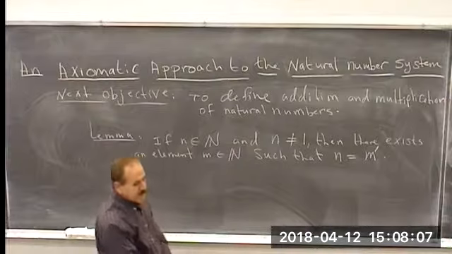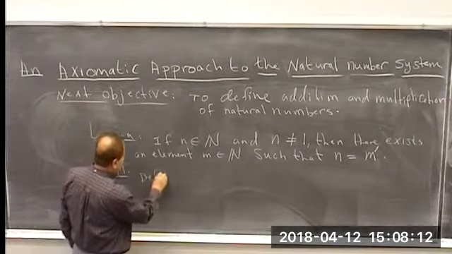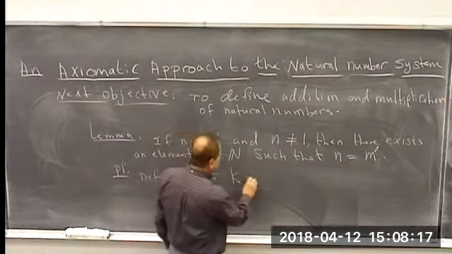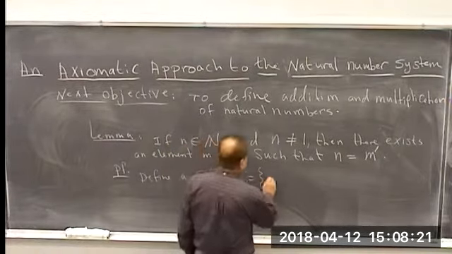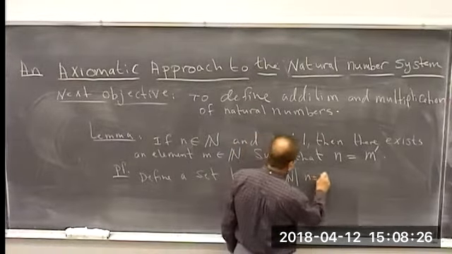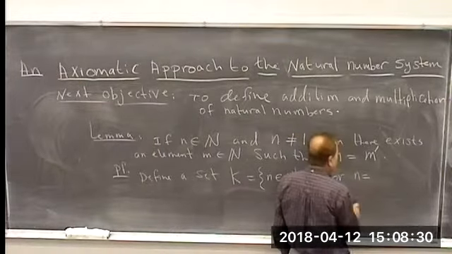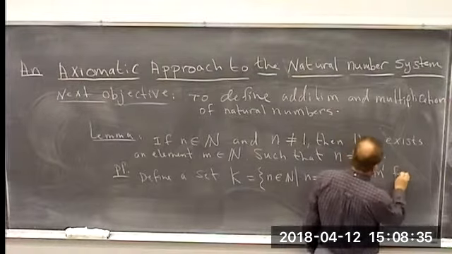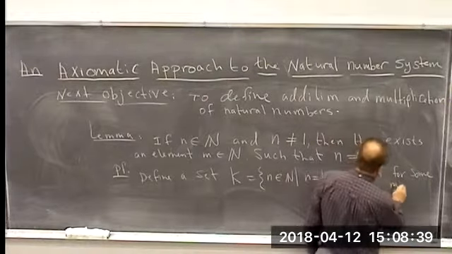So we're going to define a set K to be the following: n in N such that n equals 1, or n is equal to the successor of m for some m in N.